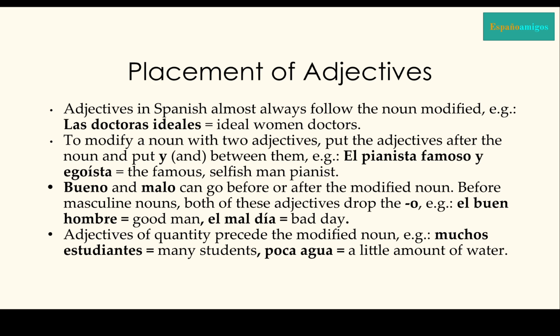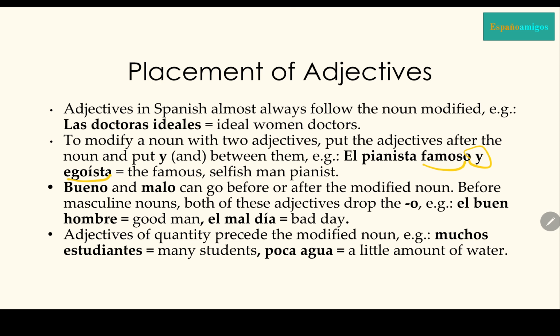To modify a noun with two adjectives, put the adjectives after the noun and put y, that means and, between them. For example, el pianista famoso y egoísta. As you can see, it's important to use y in the middle of famoso and egoísta.